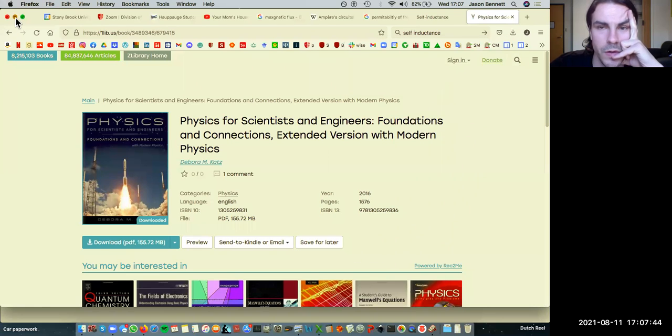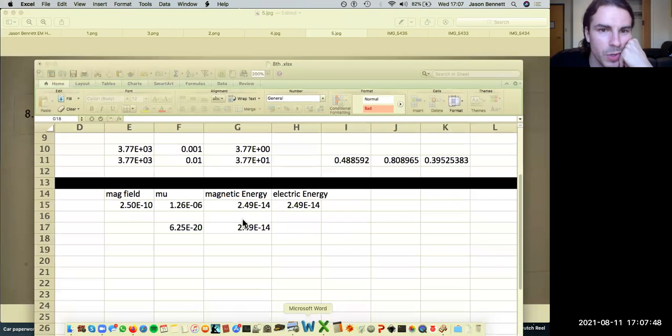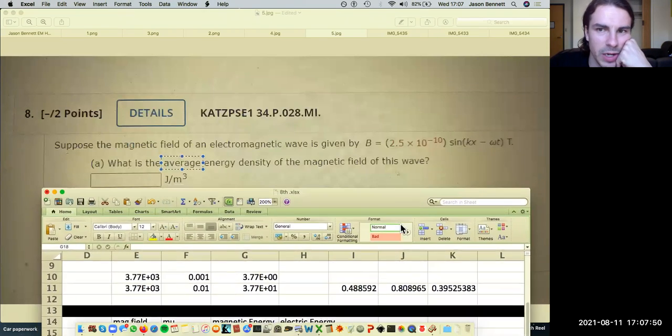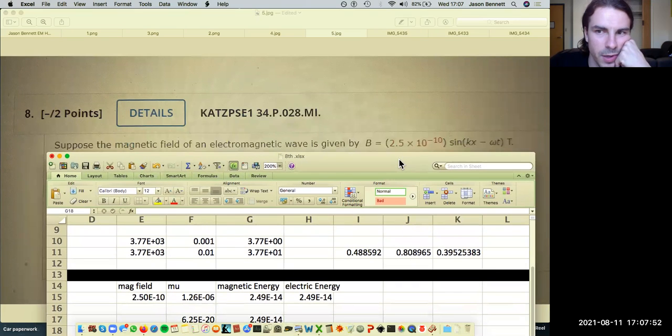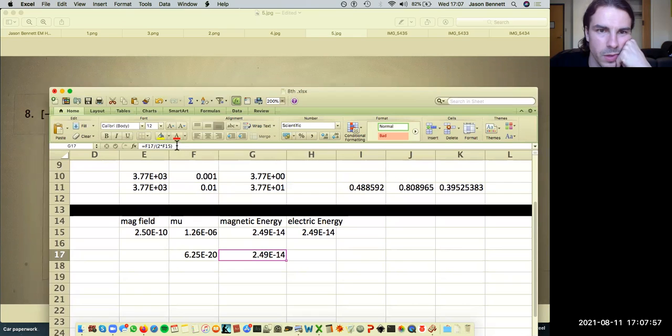I guess let's try some things. Maybe, I mean, it wouldn't differ by 100% if I left out that 1/2. Or we'll put it in. This is 100%.